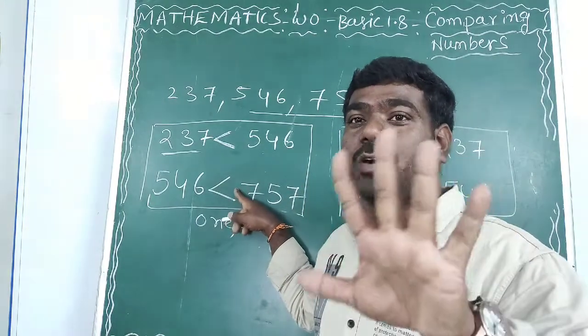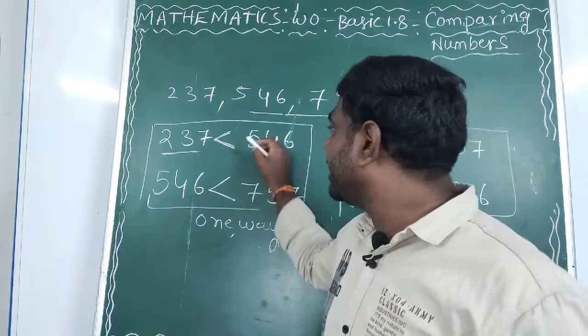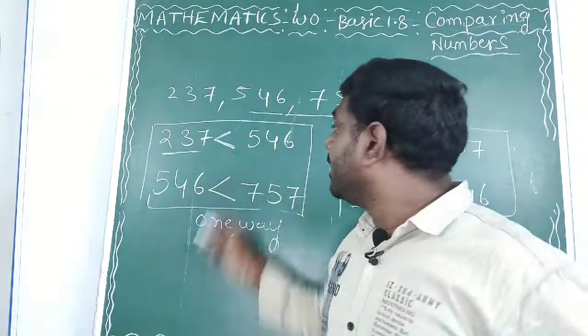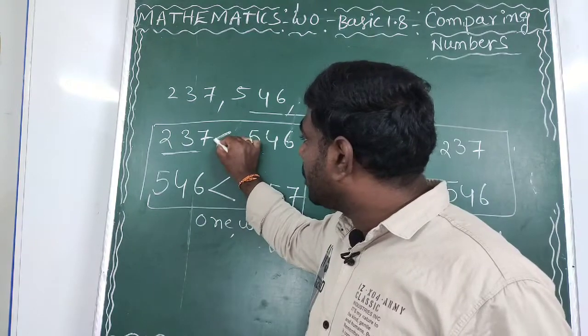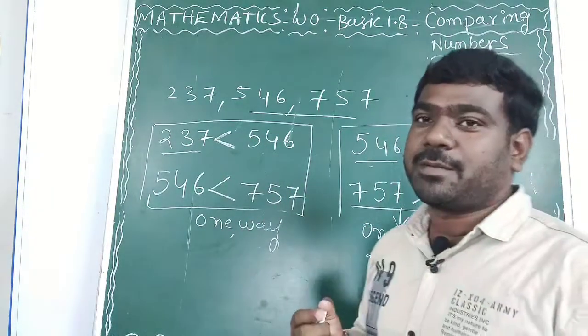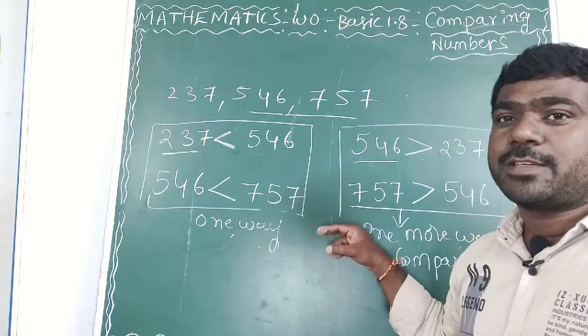Crocodile mouth always opens. That symbol you have to represent here. So mouth open means it is for greater. Arrow symbol means it is for less. So like this also we can remember. So by using these three symbols we can compare.